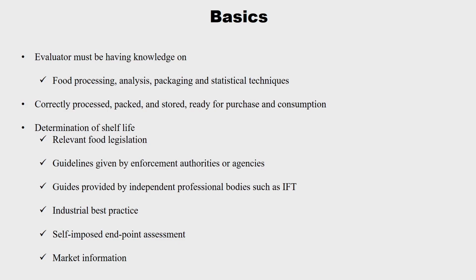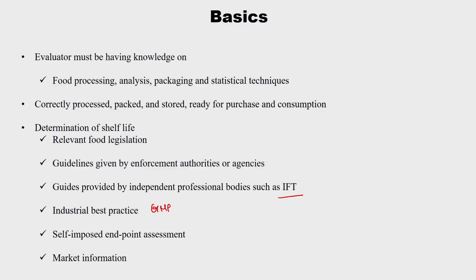This we have discussed in detail in pasteurization as well as sterilization processing, and guides provided by independent professional bodies such as IFT. So, this also we have seen in our previous lectures. And the good industrial best practice, that is good manufacturing practices, that is GMP, and self-imposed endpoint assessment. This is done by the manufacturing industries themselves.